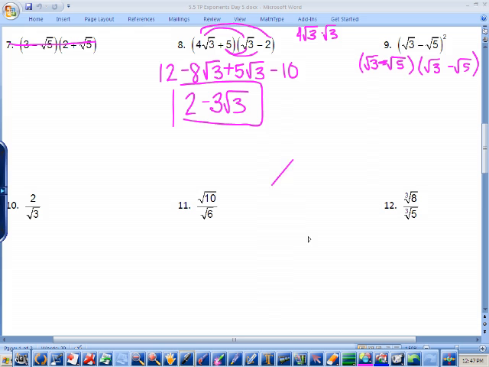All right, so you should have ended up with 8 minus 2 root 15. Are there questions about that?